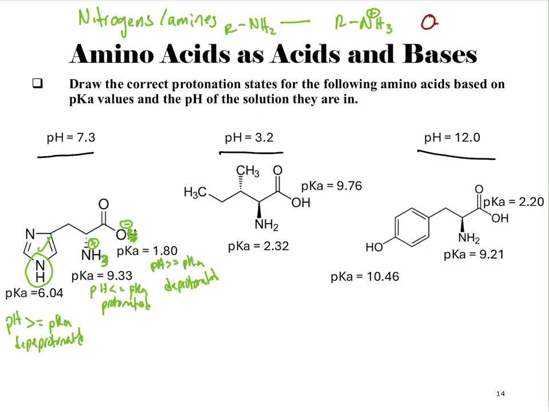Oxygens go between R OH and R O minus. Right, that's what the equilibrium is talking about. Based off of the pH value of the solution, do I have this form or do I have that form?